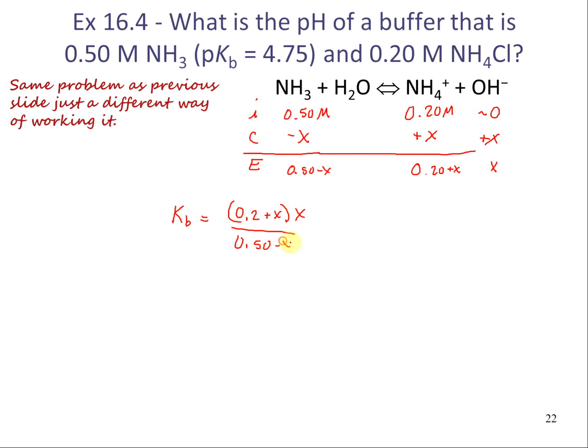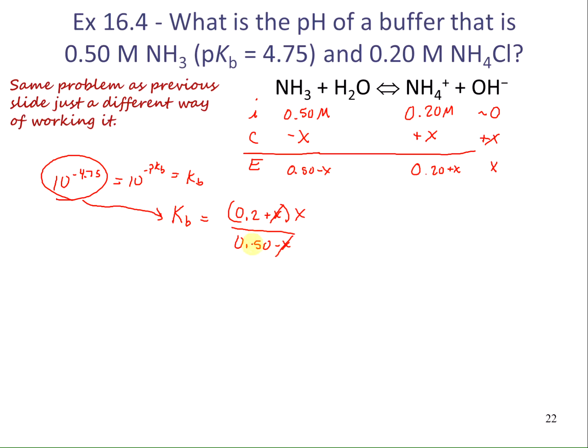I don't have my Kb, but they did give me my pKb, and I know that 10 raised to the negative pKb, 10 to the negative 4.75, equals my Kb. So I can plug this value into my mass action equation. I'm going to assume that x is fairly small, so it won't have a big change on my ammonia or my ammonium concentration, so I'm going to remove those to simplify my math.